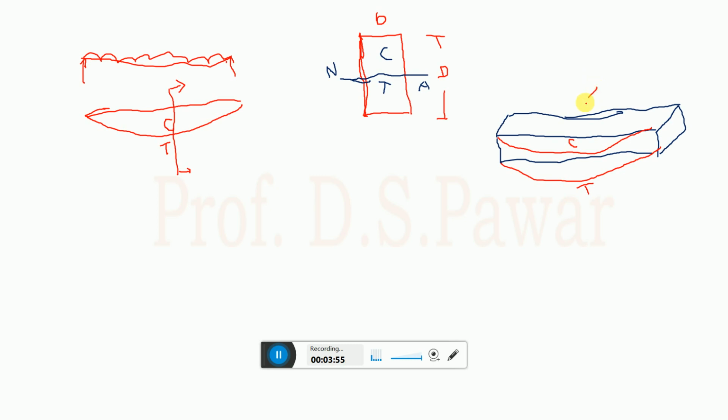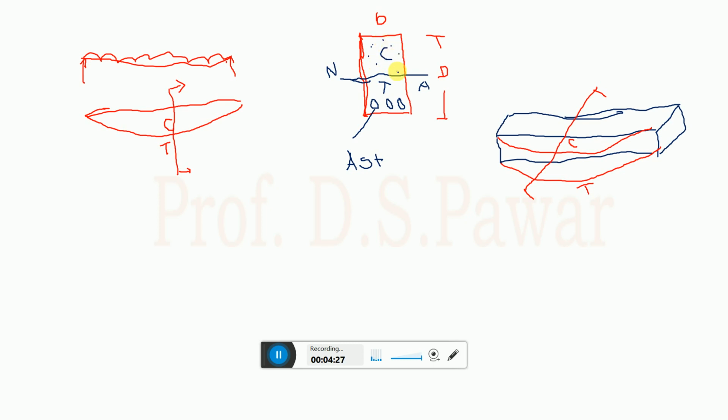If you consider the cross section here, tension is at the bottom. Already we are aware where the maximum tension is, and that part we provide the reinforcement. So at the bottom face we provide the reinforcement, AST, area of steel in tension, and the top fiber of the beam is in compression, so we have provided the concrete here.